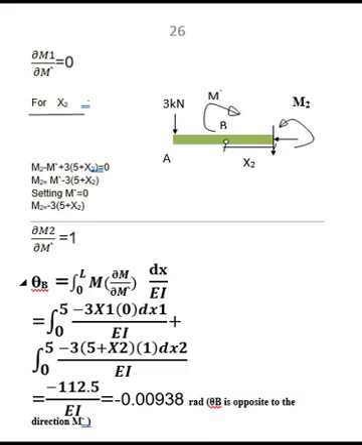Theta B, the slope at point B, will then be equal to minus 0.000938 radians. So theta B is opposite to the direction of M dash because the result is negative. Thank you.